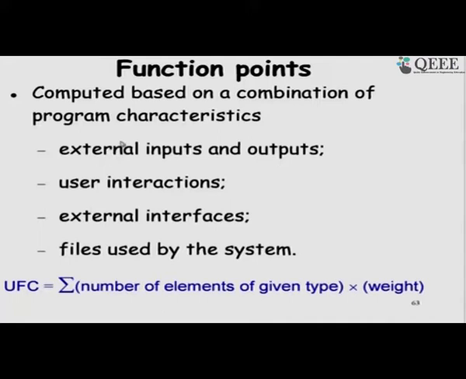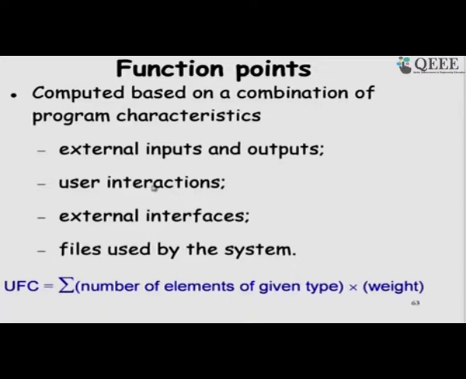Let me repeat: an external input is the data given by the user, which we can identify from the requirements, and we check whether the input is being used to modify internal data. The outputs count how many displays are being produced, and each set of related data that is output will count as 1.